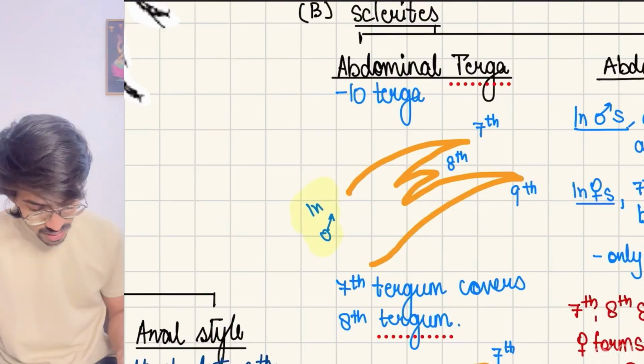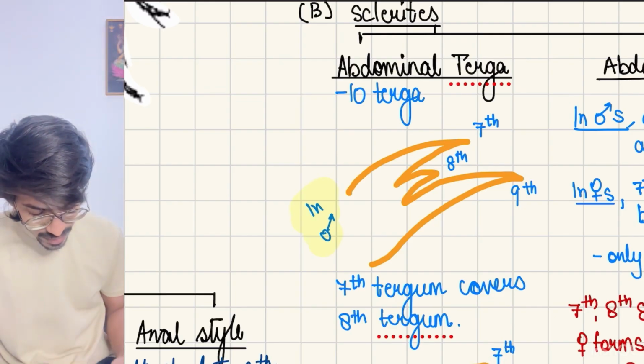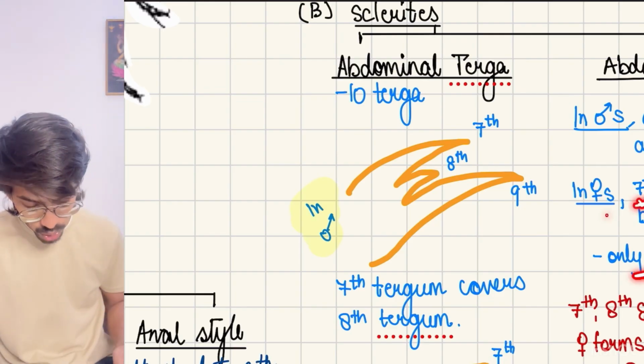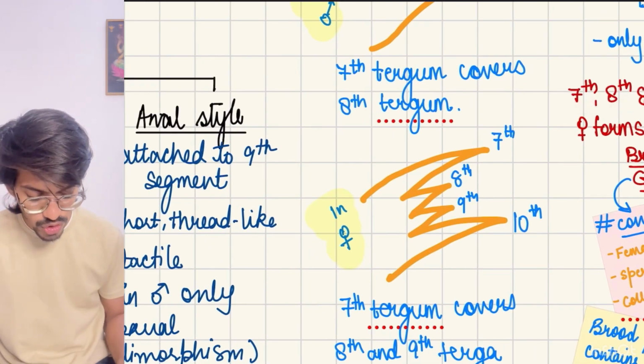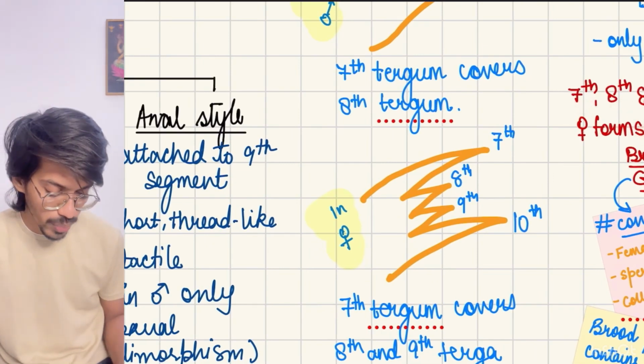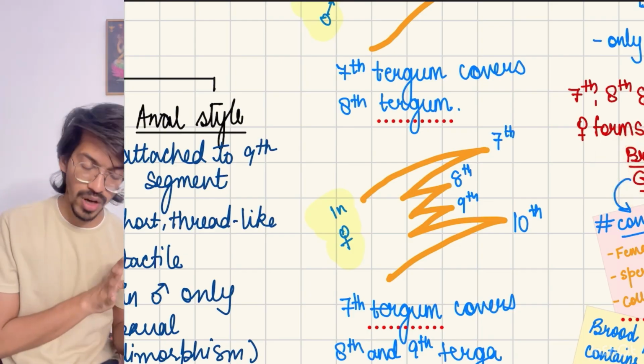Now on the sterna, all 9 are distinct in the males. In females, the 7th is boat shaped, and the 7th, 8th and 9th form the genital pouch, which is also called the brood pouch, and gonapophysis, meaning the reproductive functions work from here only.